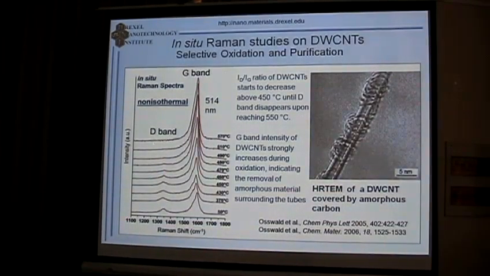What will happen at higher temperature? You will not only remove amorphous carbon, but you also burn the smallest diameter carbon nanotubes. It may be good, may be bad. If you want to produce a sample which has only 5-6 nanometer largest tubes, it's very exciting. If you want to purify a carbon nanotube sample with minimum loss of tubular material, it's not exciting because you will burn 99% of your material.